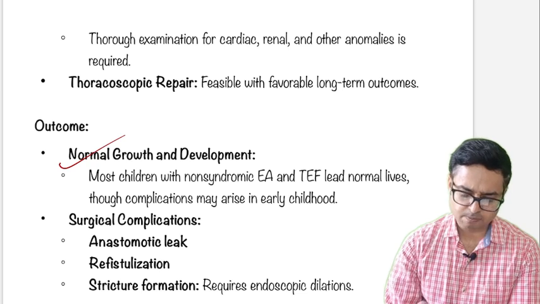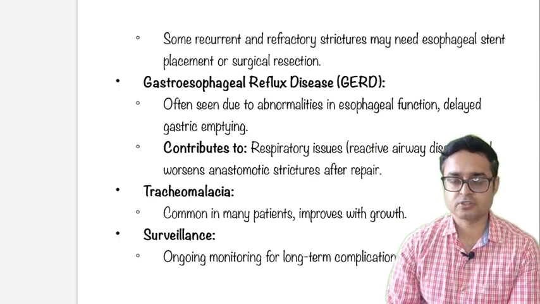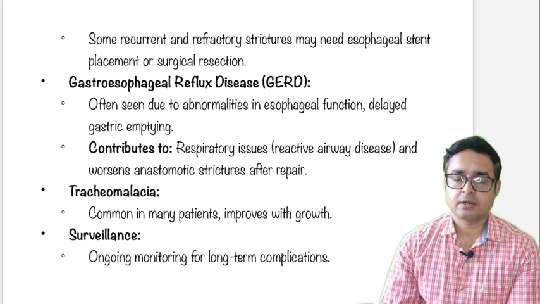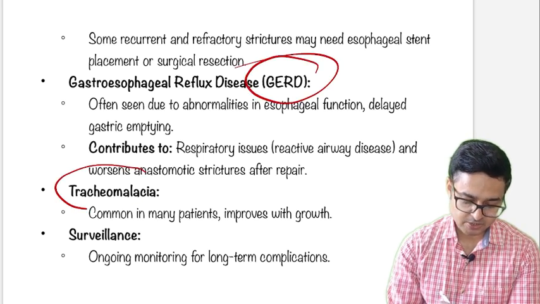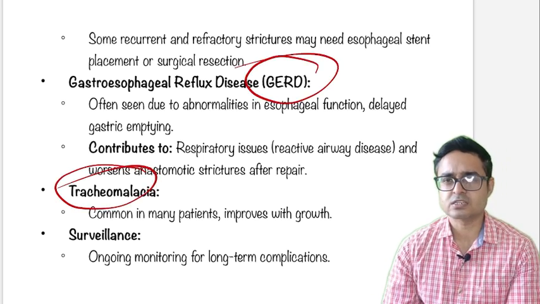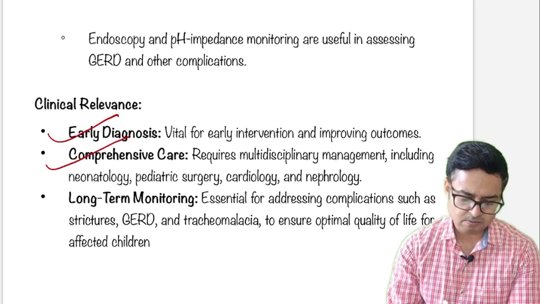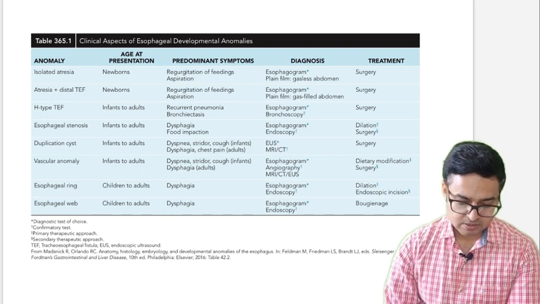Surgical complications, as you know, include anastomotic leak, refistulation and stricture formation. What are the later conditions associated with this condition? GERD can occur and tracheomalacia can occur. We have to monitor these conditions. Early diagnosis, comprehensive care and long-term monitoring are required.